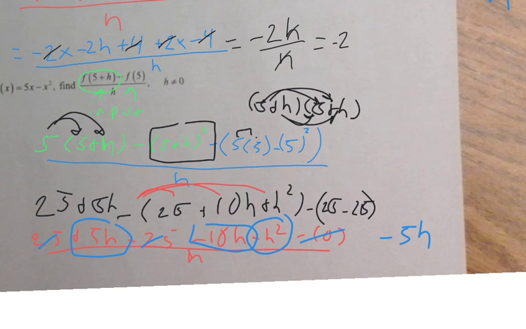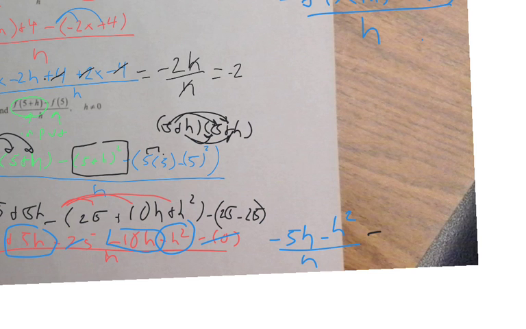And we have minus h squared over h. When we reduce this, h and h becomes a 1, h squared divided by h, take away the squared, so you're left with negative 5 minus h.